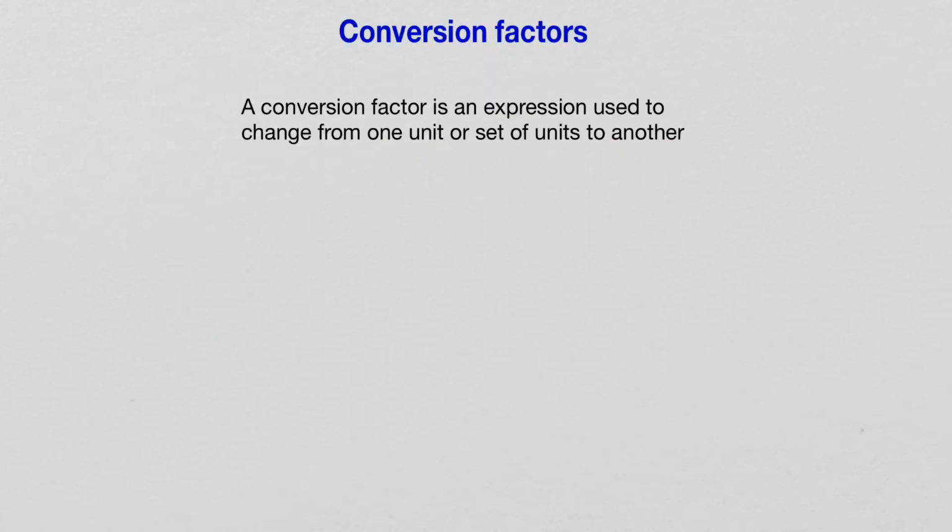The definition of conversion factor is very simple. A conversion factor is an expression used to change from one unit or set of units to another. The basis of creating a conversion factor lies in the fact that multiplication by 1 does not change the result, and also in the fact that the ratio of the same quantity measured in two different units is equal to 1.